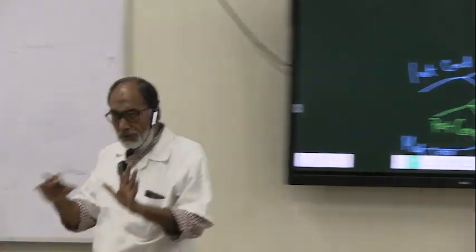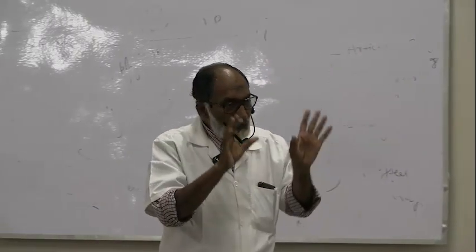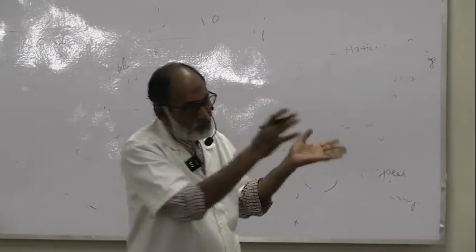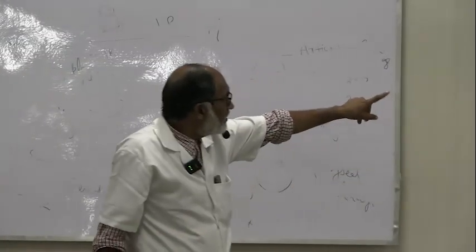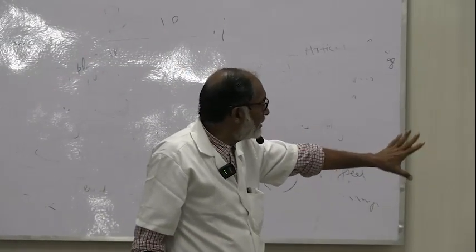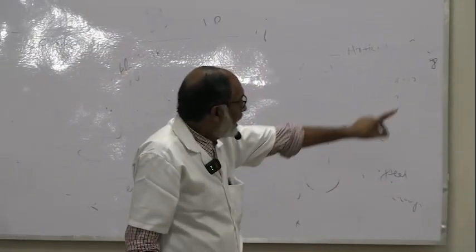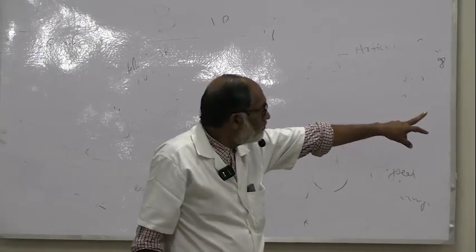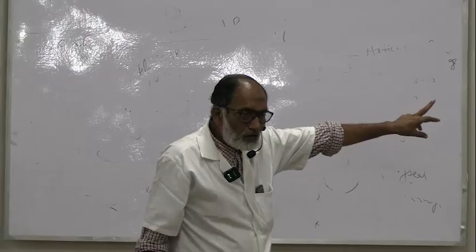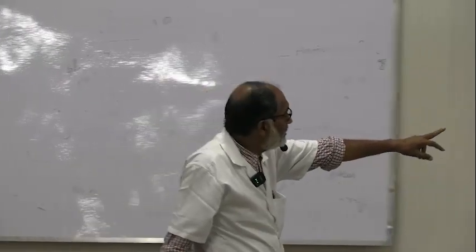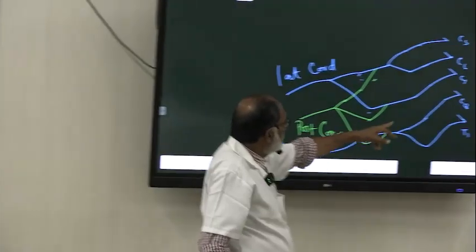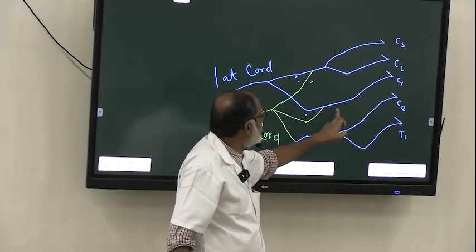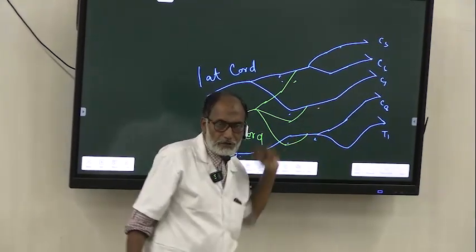I am again repeating. First of all, root. After root comes trunk. So there are 5, 6, 7, 8, T1. There are 5 roots. Out of these, C5 and C6 roots have joined to form upper trunk, C8 and T1 have formed lower trunk, and C7 has been continued as middle trunk.